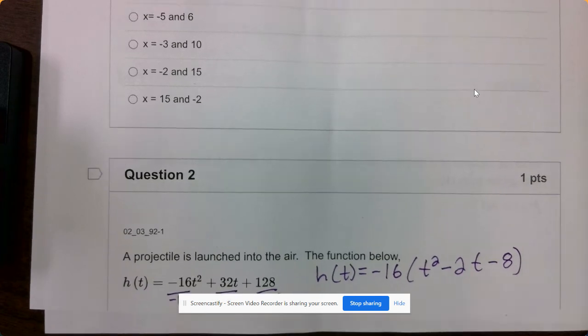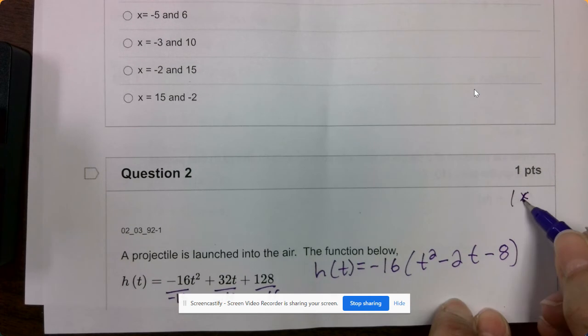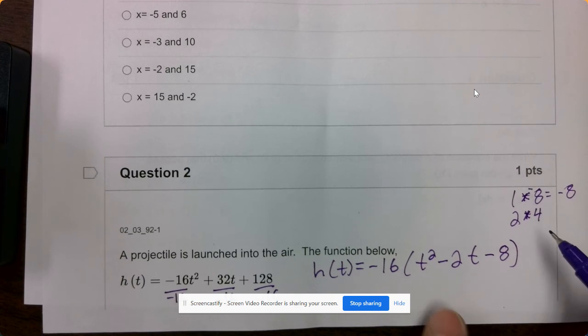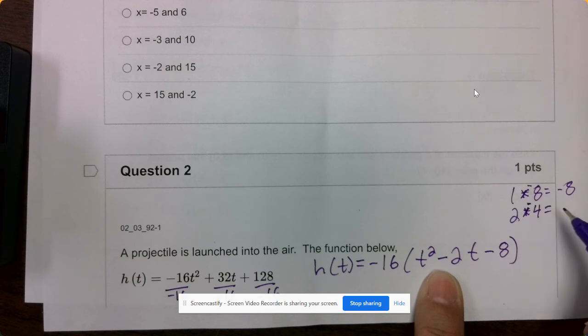So I go, okay, what can I do? Well, we have 1 times 8, 2 times 4. Okay, if I did negative 8, that would give me negative 7. That wouldn't work. What if I did, oh, I could do negative 2. Oh, that would give me positive 2, though. That wouldn't work. But negative 4.